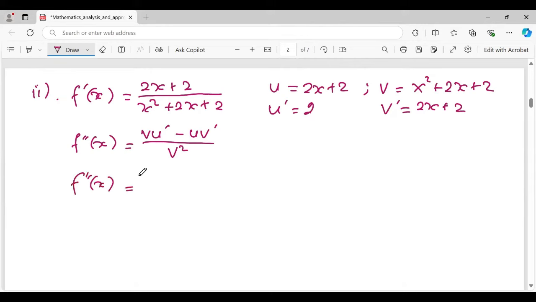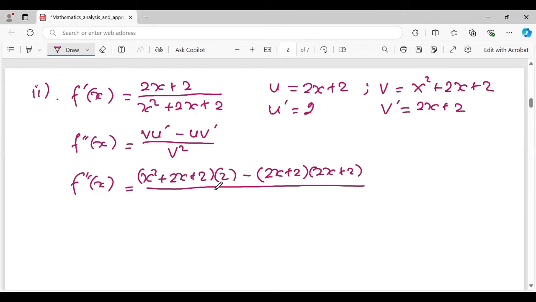That will be (x squared + 2x + 2) times 2 minus (2x + 2)(2x + 2) over (x squared + 2x + 2) squared.